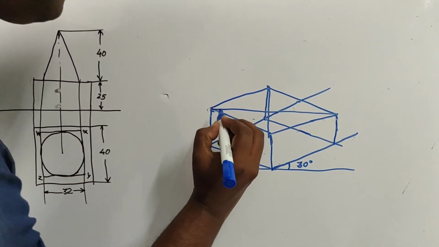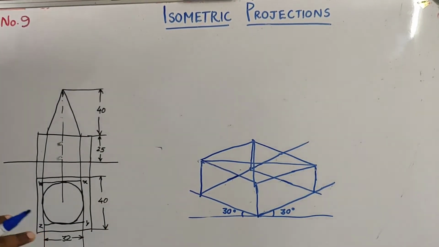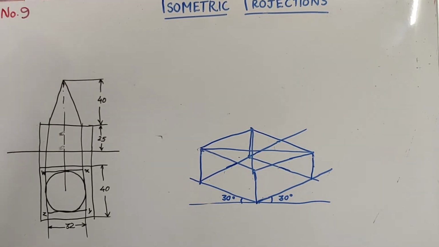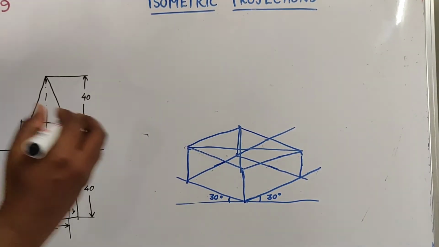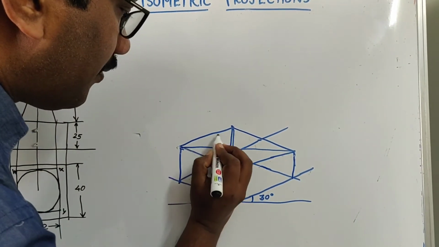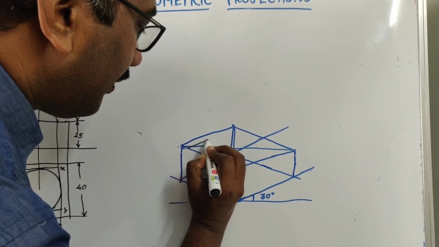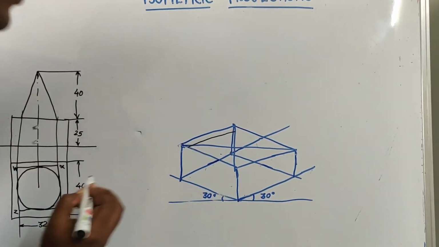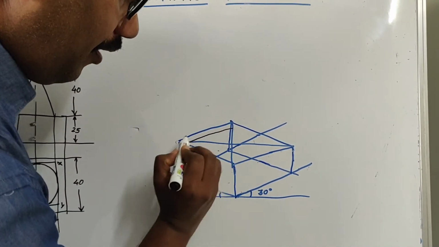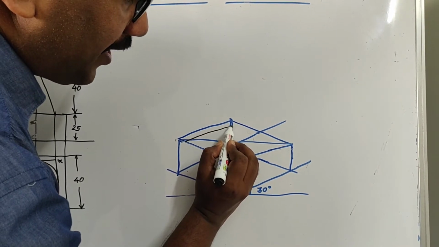So that should be parallel to, I will take another pen. We can have another line which is parallel to this one and should be a length of 32. So by trial and error you will get that. Then if one side you get, after that the other parts you can complete easily.